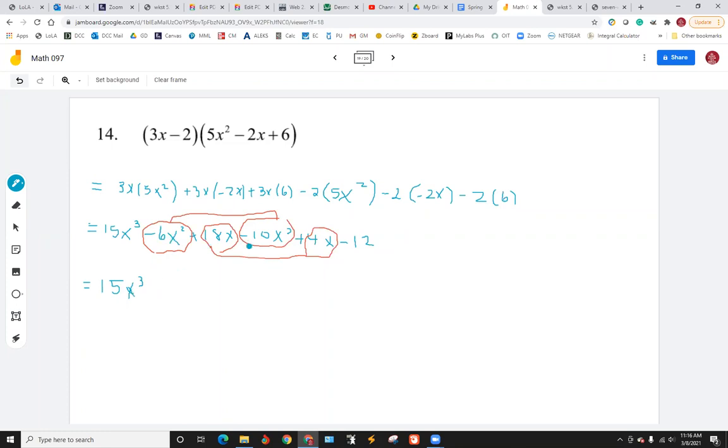So -6 and -10 is -16x squared. 18 plus 4 is 22. And that's just regular old plain x's. And then the -12 is by itself.